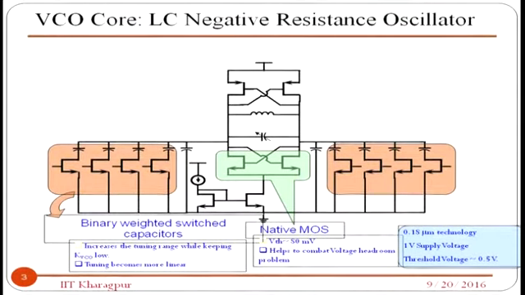For example, I will show you digitally: you can control by a 4-bit or 6-bit binary weighted digital code to turn on those MOS switches, so that the capacitors connected to the ground are added in parallel to this capacitance and can shift the frequency from one band to another band.